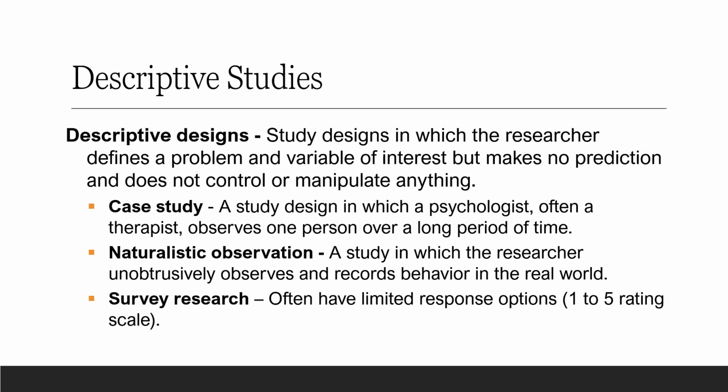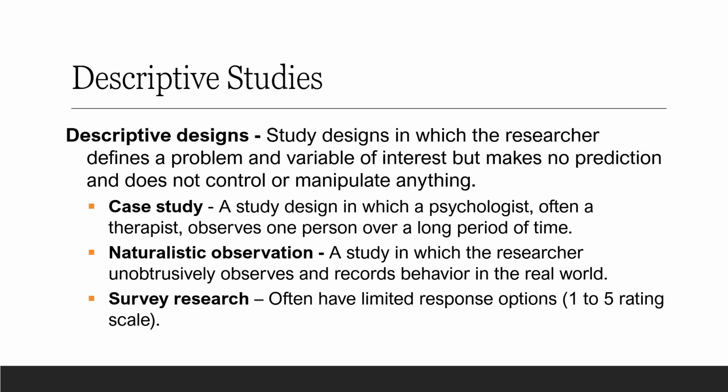So the difference between a survey in descriptive designs and in correlational designs is that in descriptive, you do a survey, but you're not necessarily looking at the relationships between the variables. Say, for example, you're just observing one variable, which is anxiety during the time of an epidemic. So that falls under survey in the descriptive design.